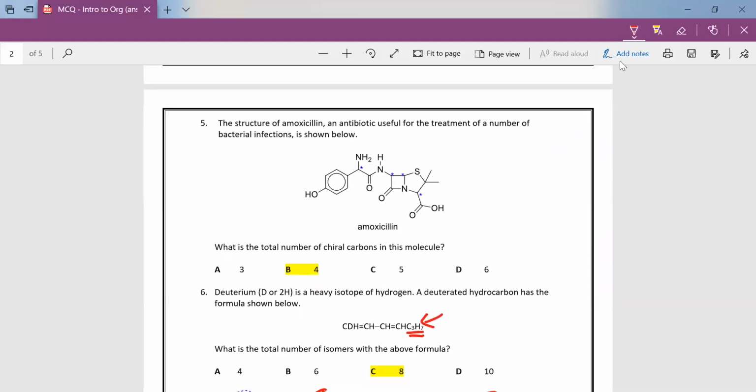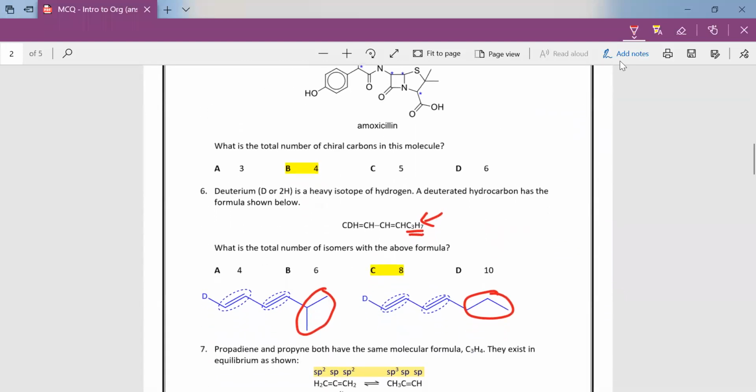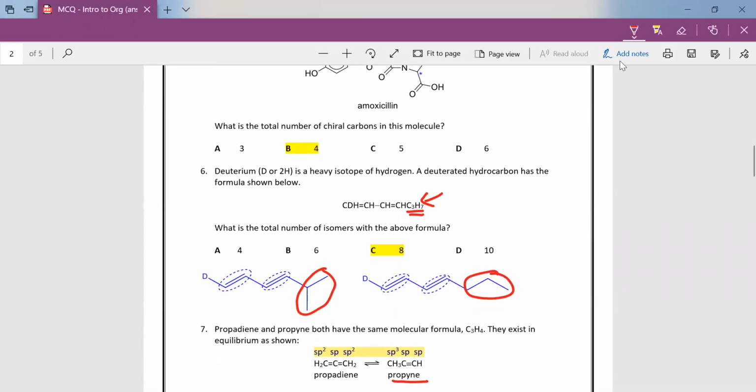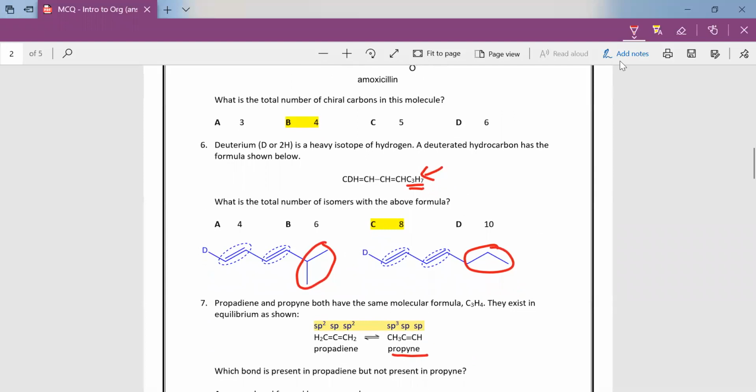Question 5, what is the total number of chiral carbons? You just got to scan through the whole molecule to pick out the chiral carbons. Once you pick them out, you realize that there's only 4 of them. Next, what's the total number of isomers with this formula?